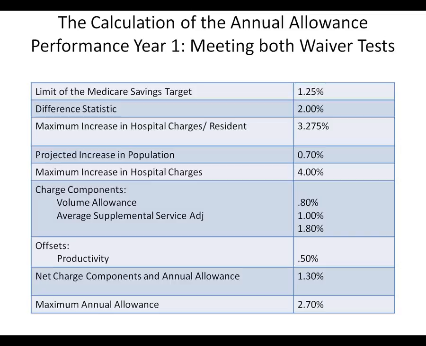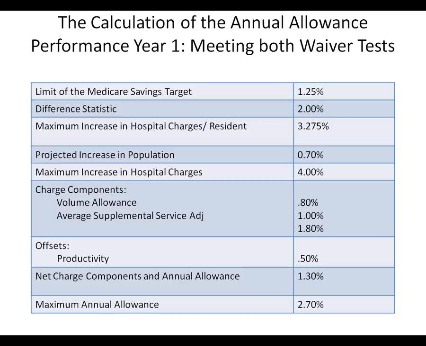And so the net effect of those three components, the volume allowance, the average supplemental allowance, and productivity, is 1.3%.